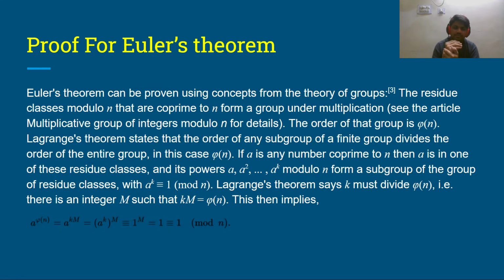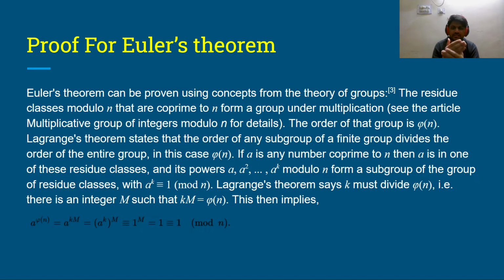In the case of phi of n, if a is any number co-prime to n, then a is in one of these residue classes and its powers a squared up to a power k, modulo n, form a subgroup of the group of residue classes, with a power k congruent to 1 mod n.